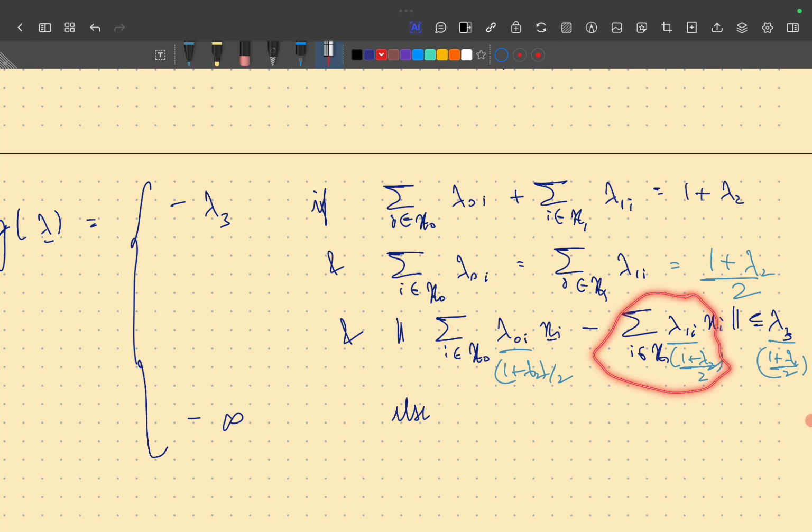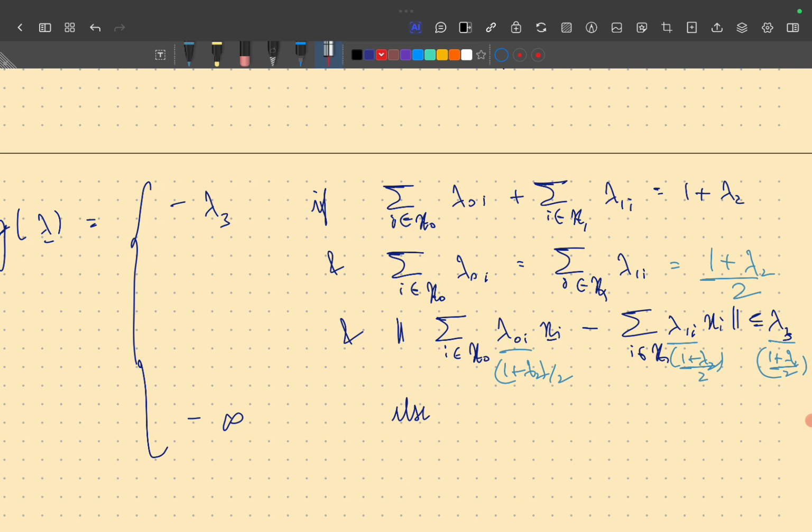This is a convex combination of xi's for points labeled 1, right? And this has to be less than or equal to lambda 3. And I want to maximize minus lambda 3, or minimize lambda 3.